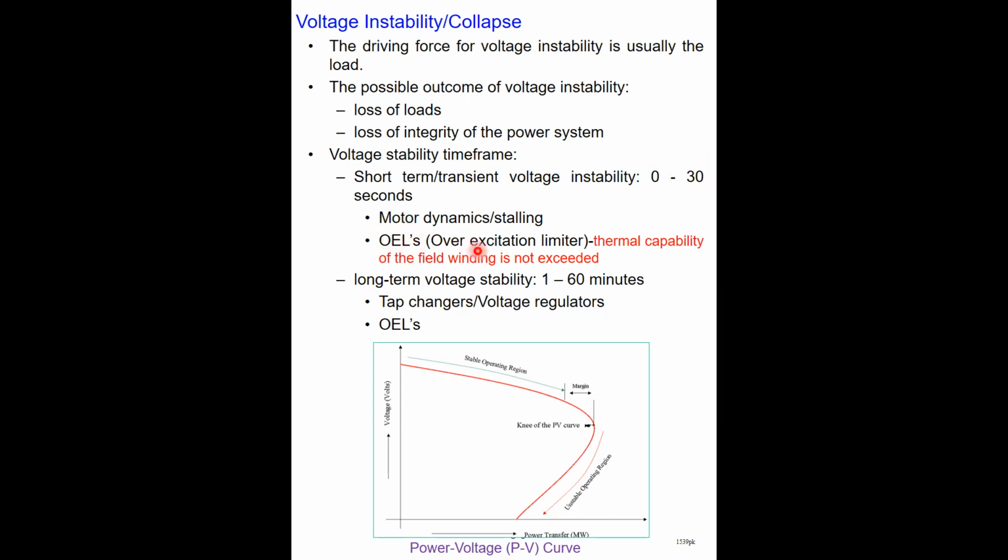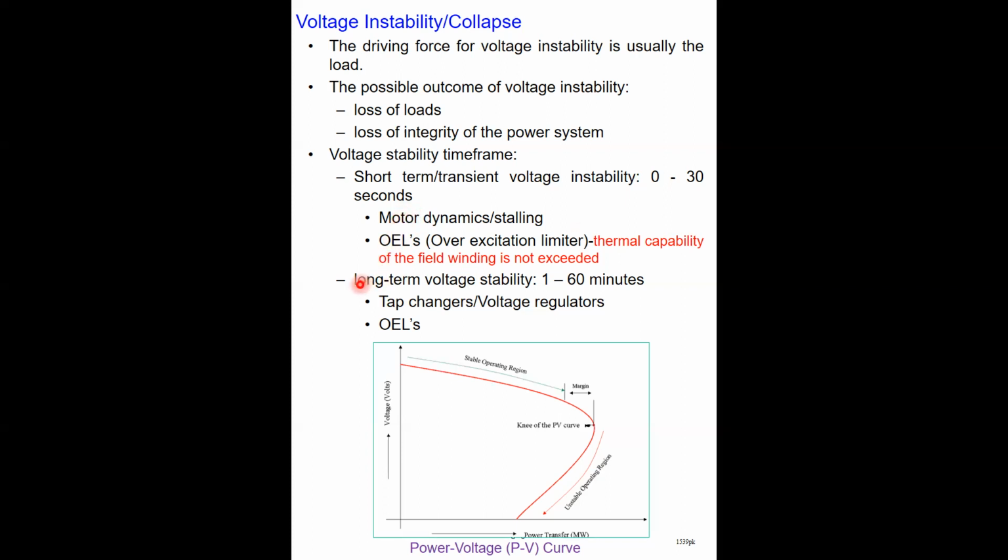If you apply some kind of limiter on the over excitation of the generator, because you don't want heating in the field winding of the generator, or you are applying some limit in the operation of the AVR to the excitation system, even in that case voltage instability may arise. But this is mainly at the generator bus, though it could also be at the load buses.